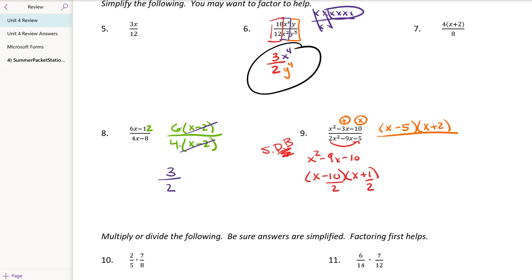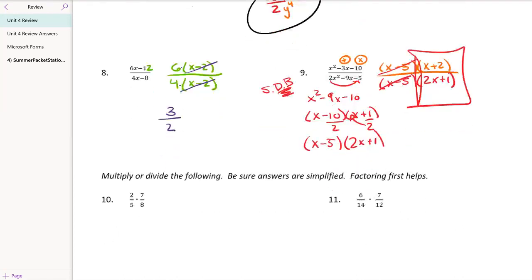Divide by 2, divide by 2. This simplifies to x minus 5. And this simplifies to 2x plus 1 because this does not go in evenly. So the 2 has to come up. x minus 5, 2x plus 1. And again, you should be getting something to cancel out. If you don't, you should go back, double check just to make sure. But that is gone. Done. This is your answer.